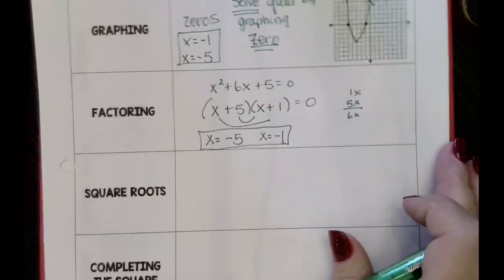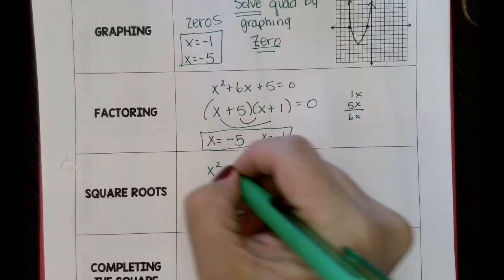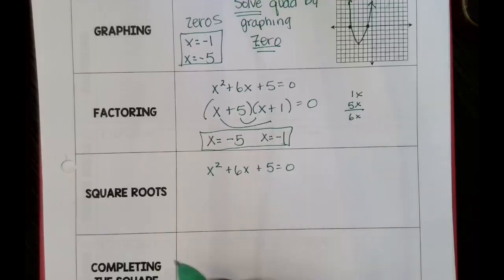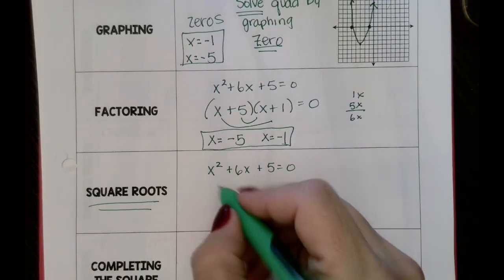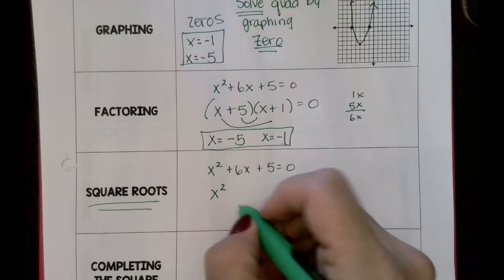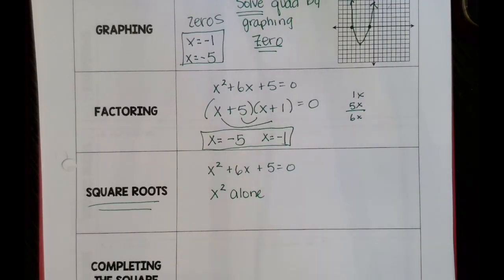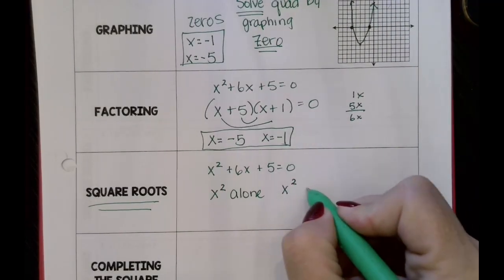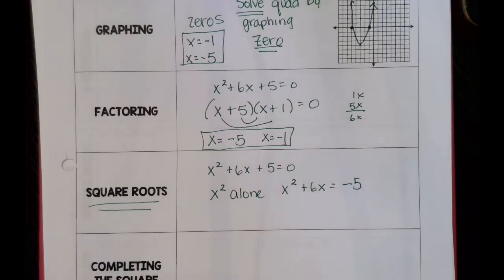Okay, the next method for solving would be our square root method. So we have x squared plus 6x plus 5 equals 0. Now, for me to use the square root method, I have to have an x squared alone on the left. So I'm going to isolate this x squared. Here's what happens: I have x squared plus 6x equals -5.